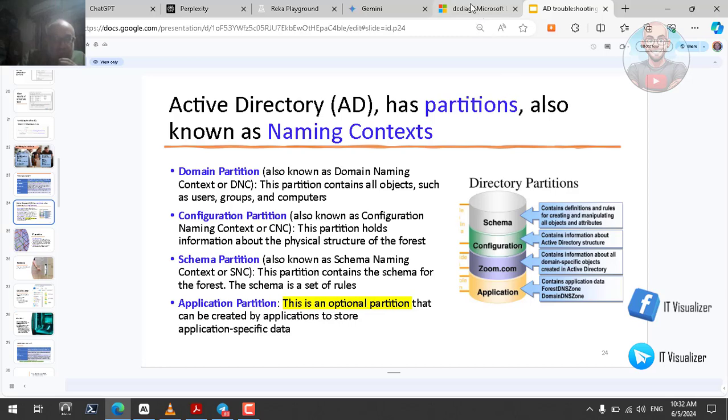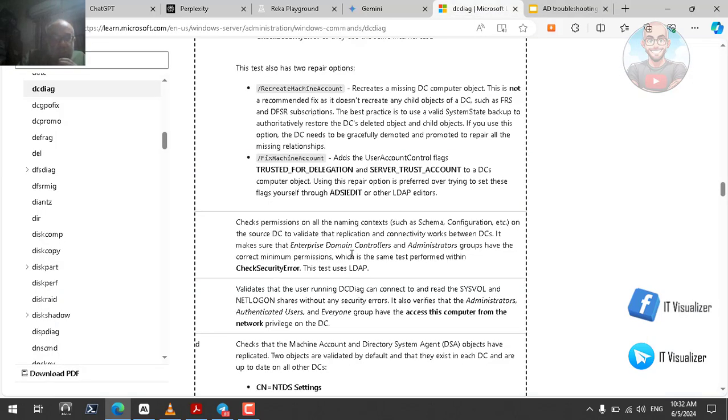So for example, one thing also not stated here, these two groups need to have something called replicate changes permissions, so they will be able to replicate these databases or partitions to the Active Directory databases on other domain controllers.